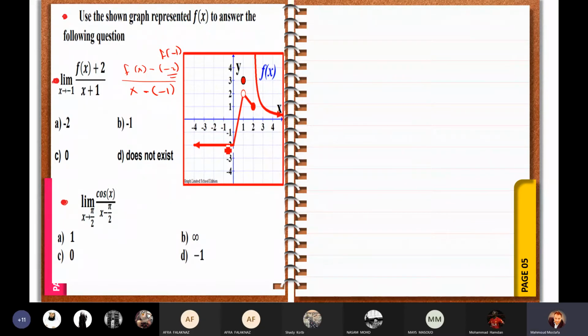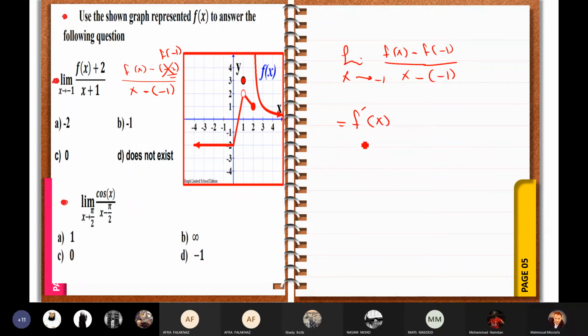F of -1 is -2. So the form here will be the limit when x approaches -1 of f of x minus f of -1 over x minus -1. This is exactly f prime of x at x equal -1.